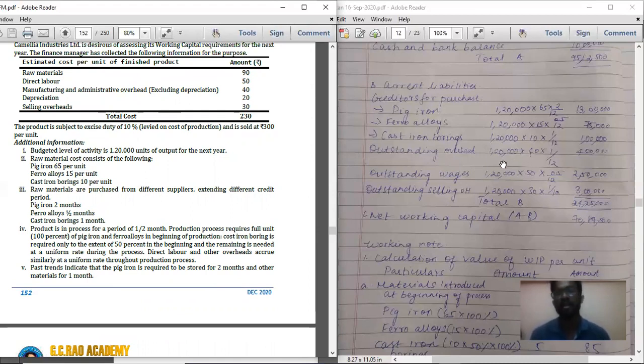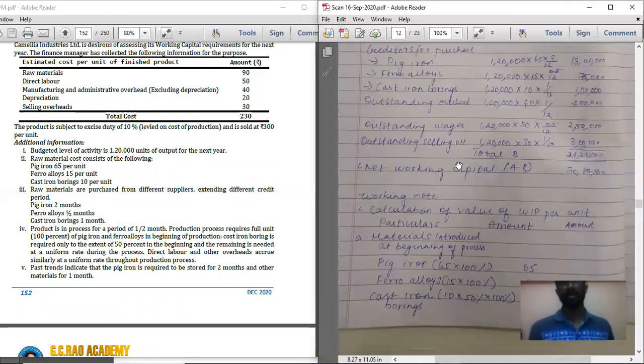Calculation column 1,20,000 into 40 rupees, into time period 1 divided by 12. Amount column 4 lakhs.